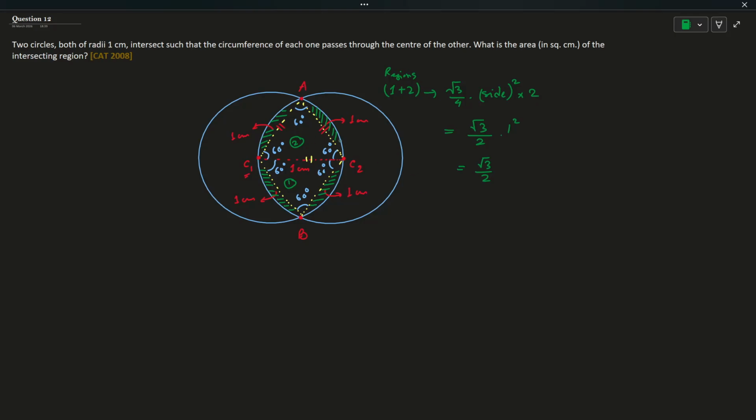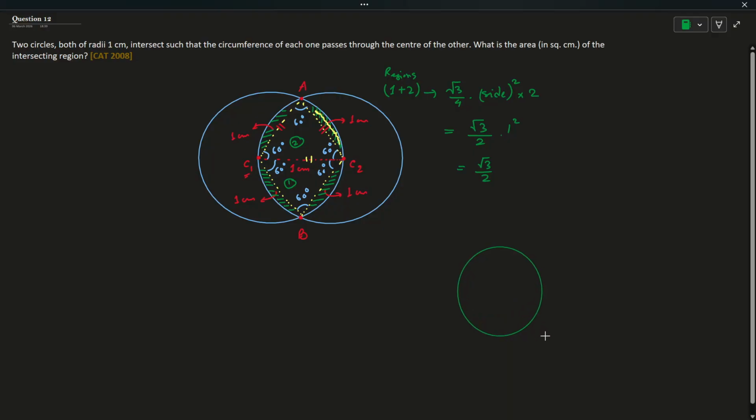Now I have to find the area of any one of the segments. Let's say I find the area of this segment, I am marking it in yellow color. What will be the area? So let me draw another circle so that you guys can understand this question.